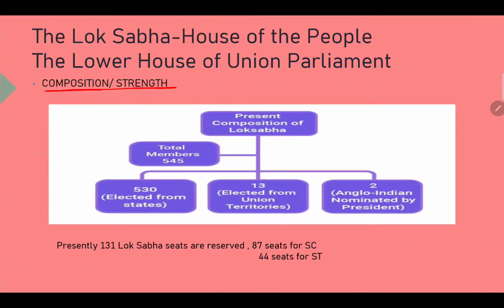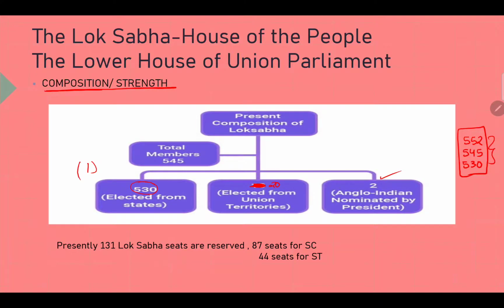Total members is 545. It can be 552, 545, or 530 also; it changes accordingly. The present Lok Sabha membership is 545. The maximum elected should be 530 seats. There should be 20 members from union territories and 2 from the Anglo-Indian community.